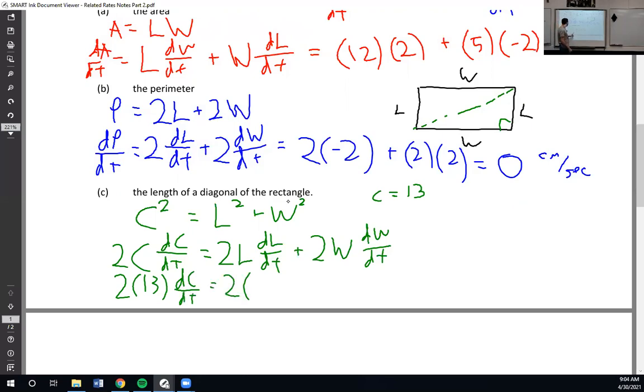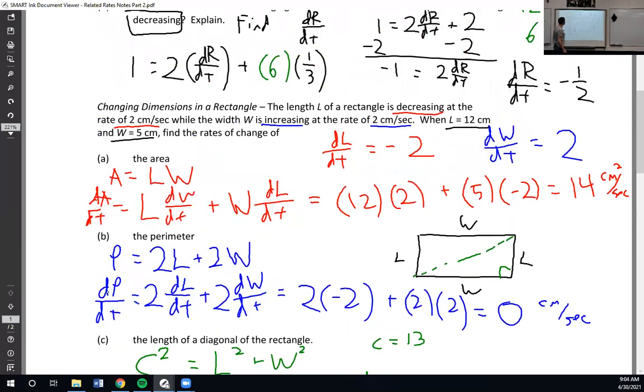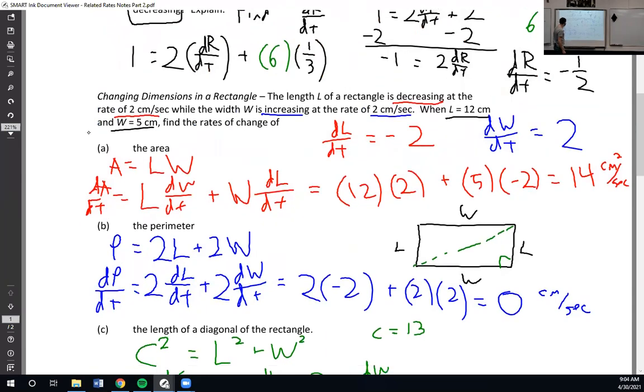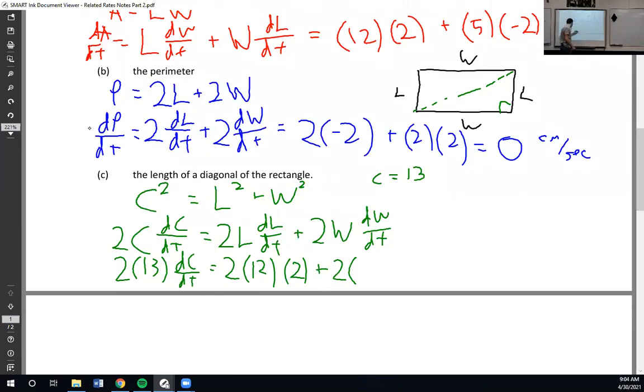2 times our L, which is 12, 2, plus 2 times W is, oh, sorry, the dL/dt is the one that was negative, right? Yes. So dL/dt should be -2. And then this should be 5. dW/dt is a +2.